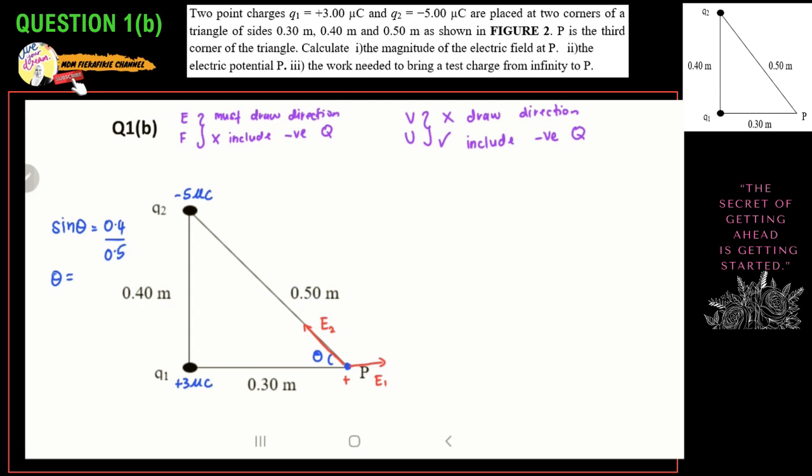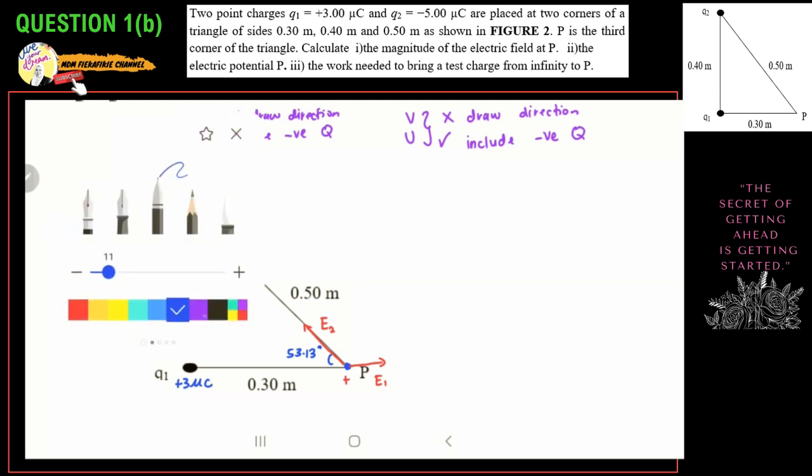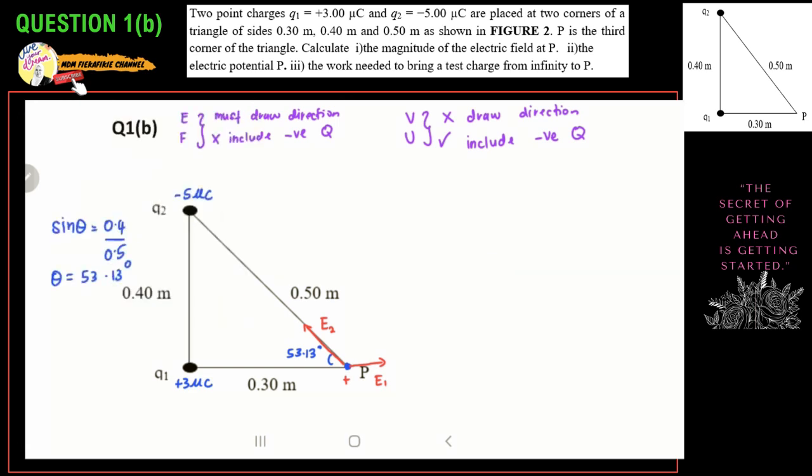Therefore, theta is equal to 53.13 degree. I put it here, 53.13 degree.